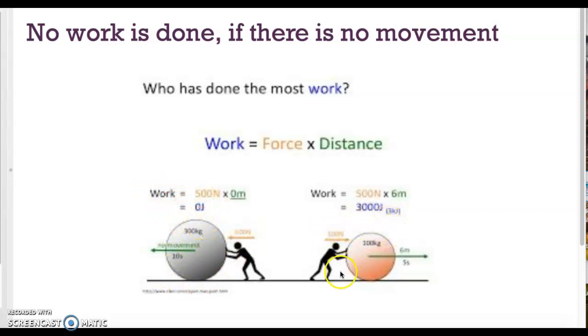Over here in this scenario, you have a person with a smaller ball with 100 kilograms of mass, putting a certain amount of force on it, and it moves 6 meters. So there is work done. This person has done work because it's not 0 and it has moved. There's distance. So we're going to do some practice problems in your notes.